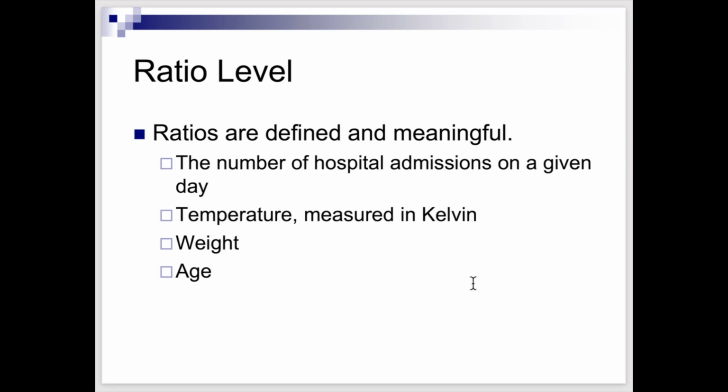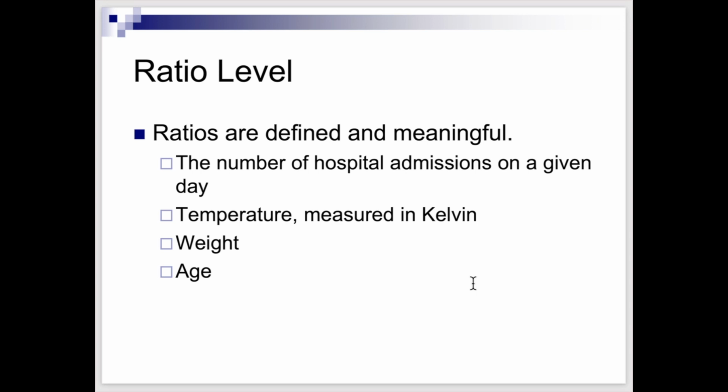Now, another example would be temperature, but measured in Kelvin. So for example, if we had a temperature of 400 Kelvin, compared to a temperature of 100 Kelvin, well, the difference certainly makes sense. 400 Kelvin minus 100 Kelvin is 300 Kelvin. That difference is defined and makes sense. It's meaningful.